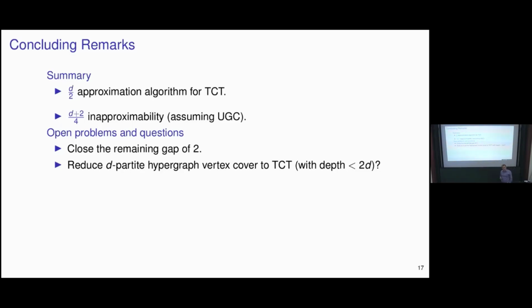And one way to do that would be to study maybe, we know that time constraint is a special case of bipartite hypergraph vertex cover, but maybe we can also reduce it the other way around without losing too much in the depth. So if we would get something that is better than a depth of 2d, if the hypergraph had depth d, then we would already get a better inapproximability result.